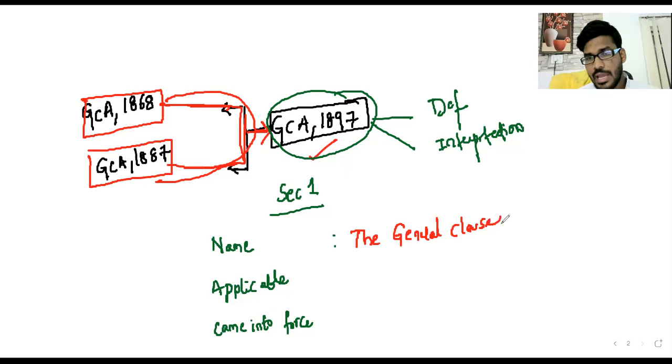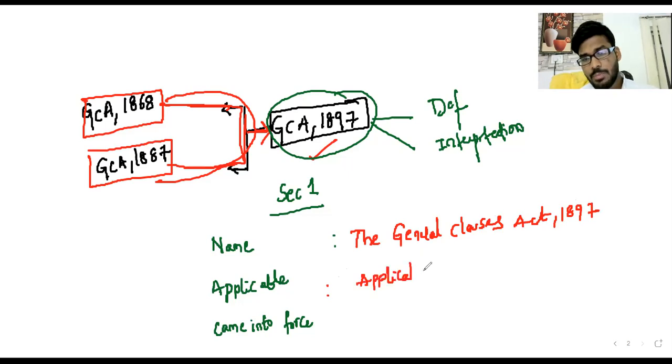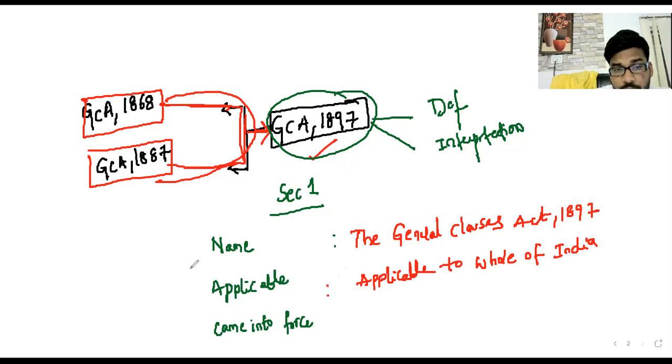General Clauses Act 1897. Where is it applicable? It is applicable to the whole of India. Applicability is broadly classified into two categories.